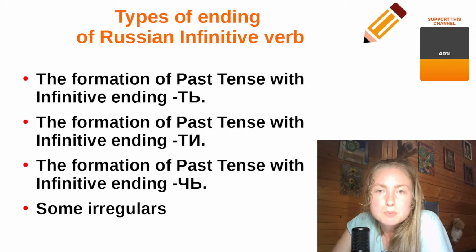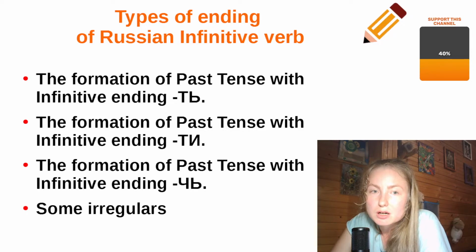We produce the past tense from infinitive ending ть, like работать, говорить, думать. The second way, about which I will talk now, is infinitive ending ти, and the third one is infinitive ending чь. So now we will talk about the verbs with infinitive ending ти.